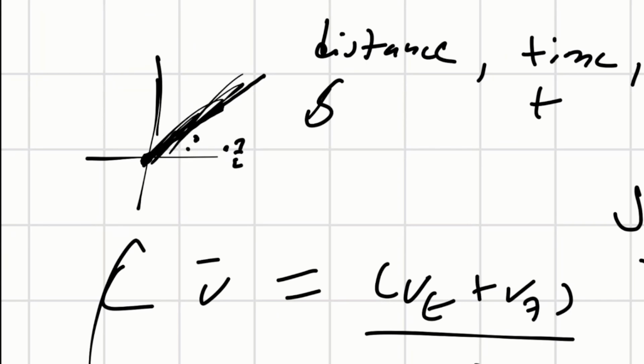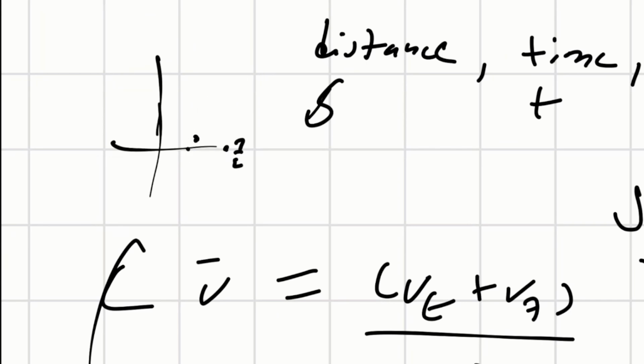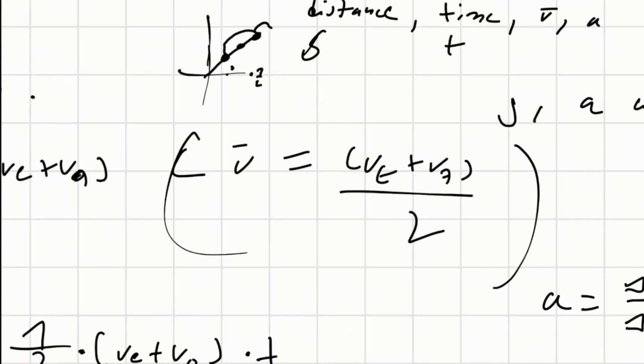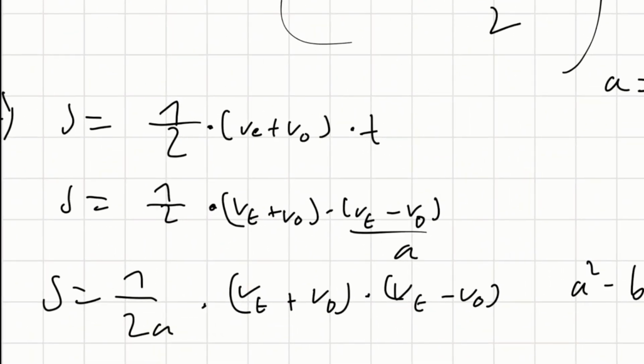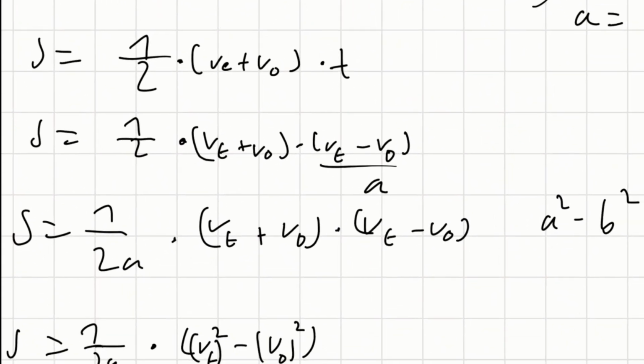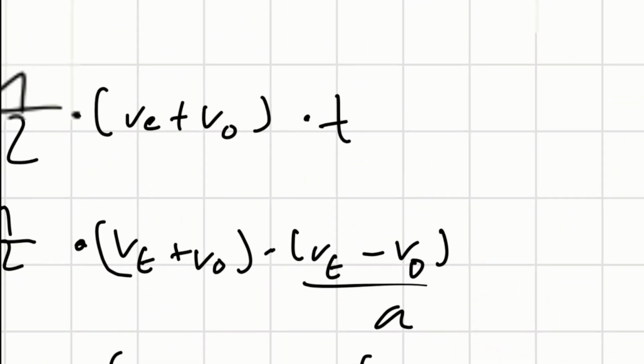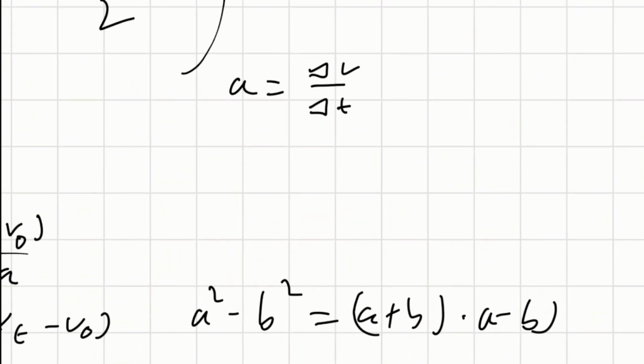This is why we use addition, not division, which is something else. So the distance is nothing else than 1/2 times this times t, and now we have a new formula.